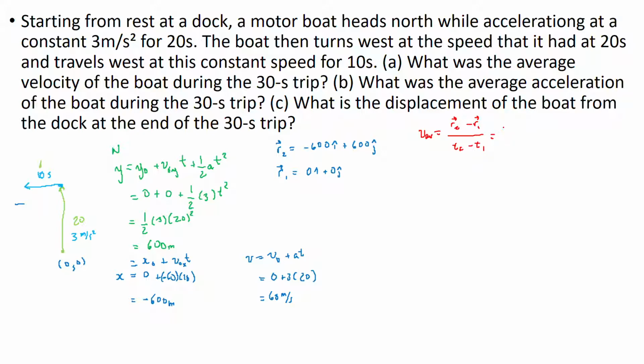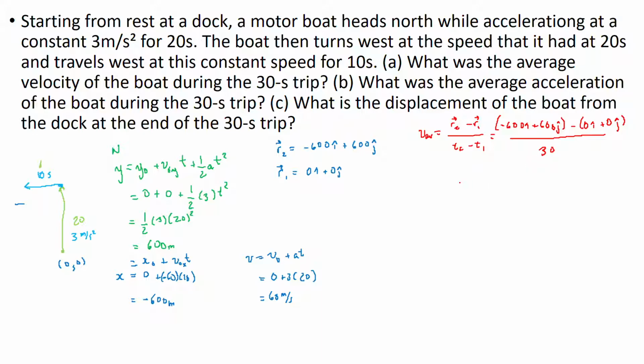That's going to be minus 600 I plus 600 J, that's the R2, minus 0 I plus 0 J, there we go, all over 30.